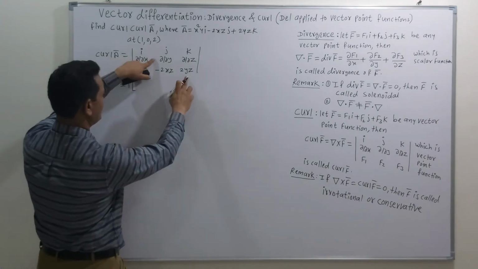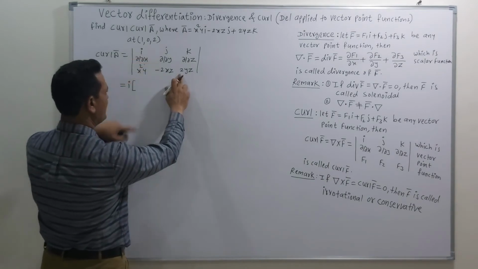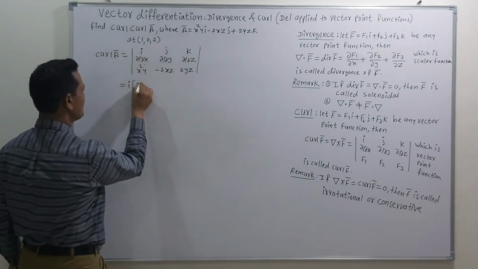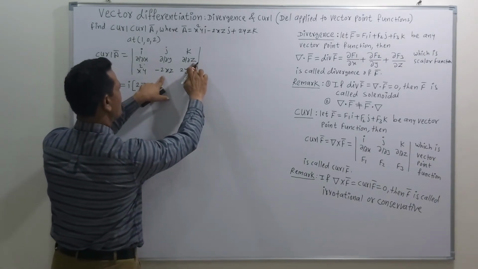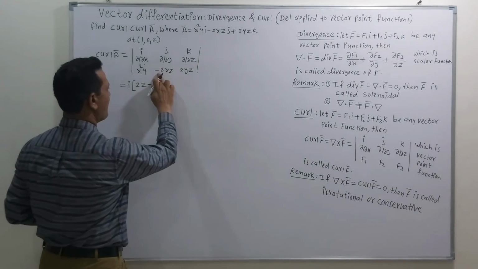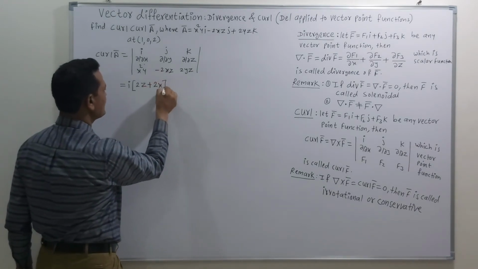We evaluate this determinant by taking i, then the partial derivative of this term with respect to y, which is 2z, minus the derivative of this function with respect to z, which is minus 2x. So this minus becomes plus 2x.